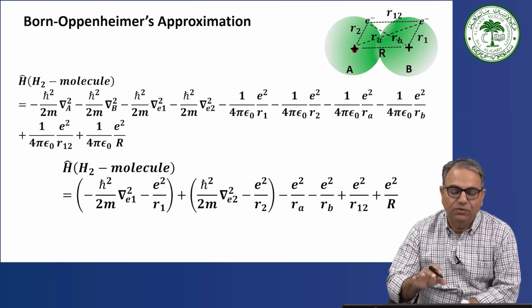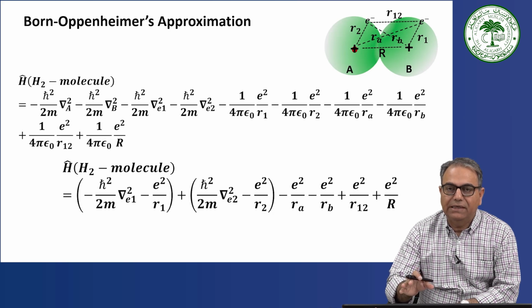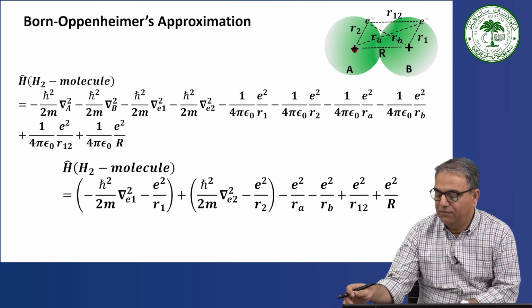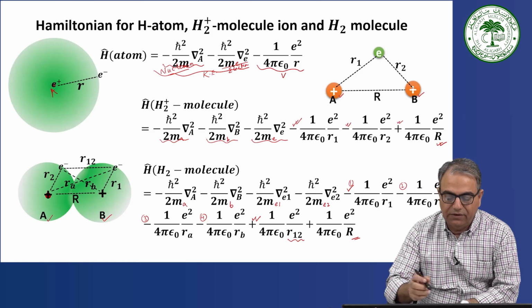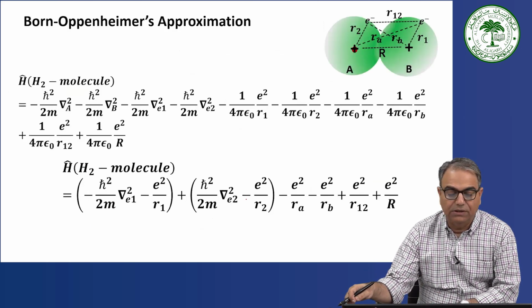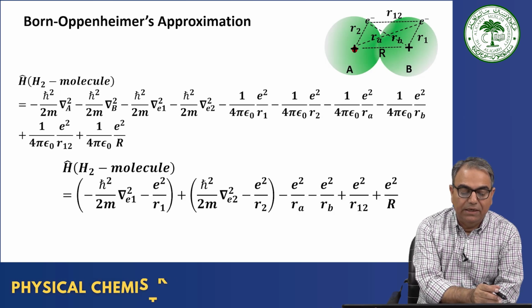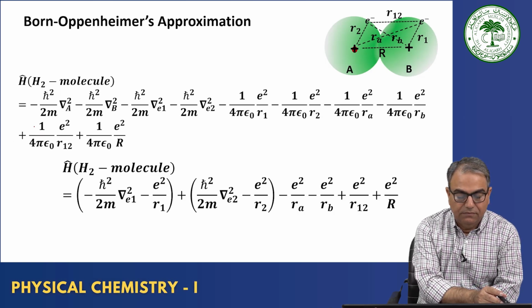So the moment you make this approximation, all the kinetic energy terms for the nuclei go away. So at least two terms on the previous slide go, the first one and the second one, because these are for the nuclei.